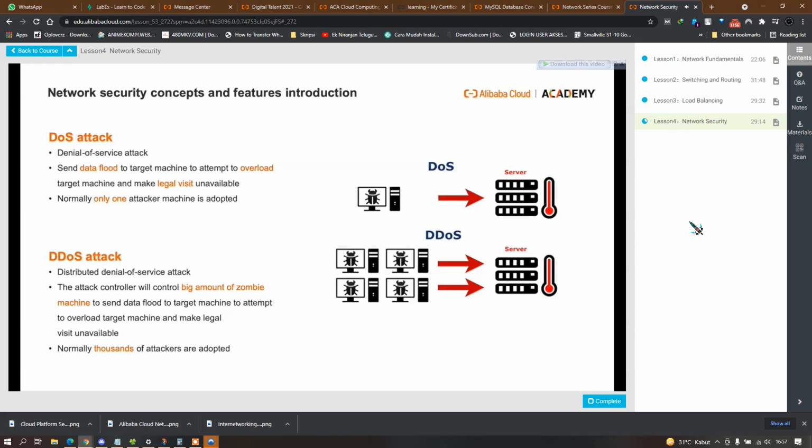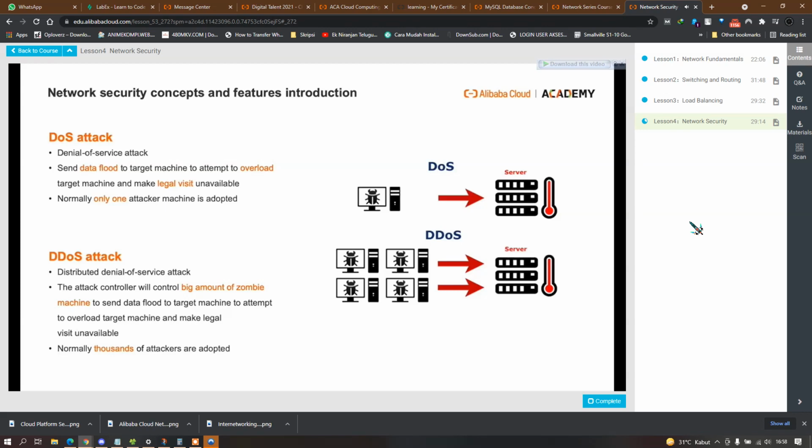With the data flood, the target server becomes overloaded, and in this scenario the legitimate visitor will see that the server or service is not available, but actually the reason is that all the resources have been occupied by the DoS attack. So this is how the DoS attack works.